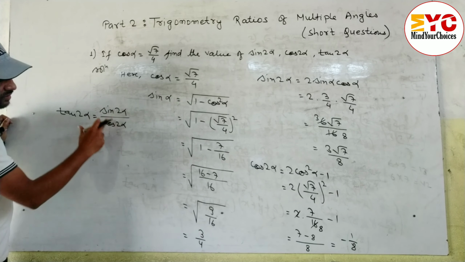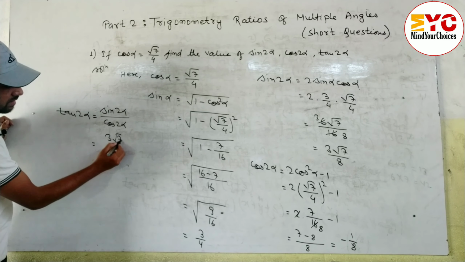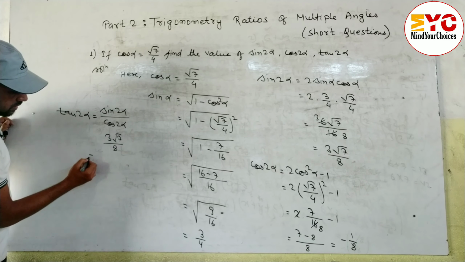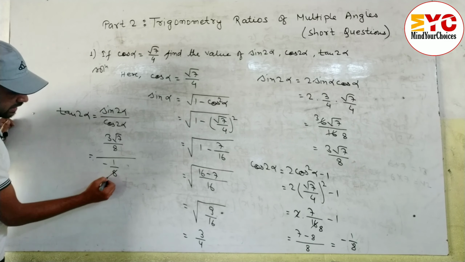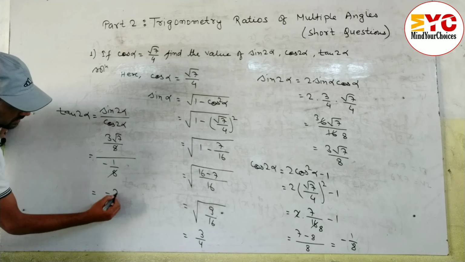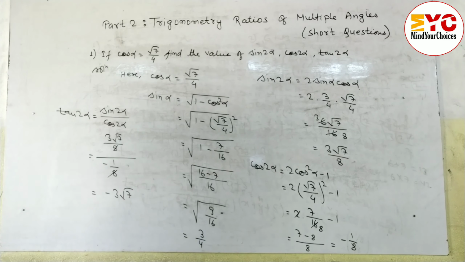Now what is the value of sin 2 alpha? Sin 2 alpha is 3 root 7 by 8, divided by cos 2 alpha, which is minus 1 by 8. 8 and 8 cancel, so the answer is 3 root under 7. So minus 3 root 7 is the answer of tan 2 alpha.